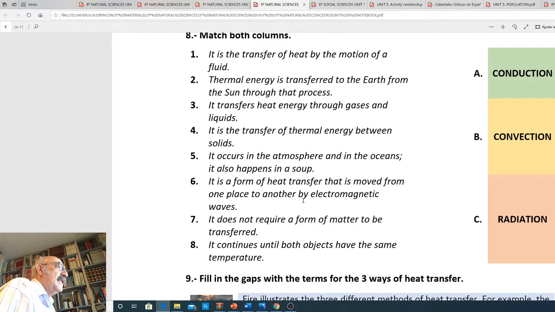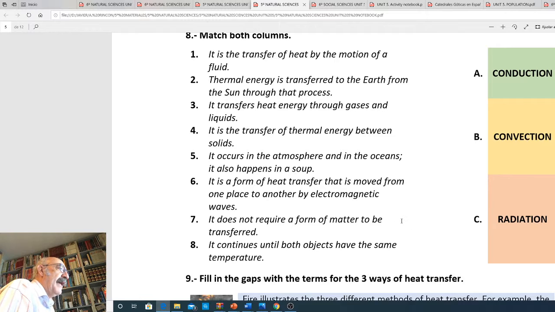Number 6, it is a form of heat transfer that is moved from one place to another by electromagnetic waves. So no contact, no fluids, so that must be radiation. Number 7, it doesn't require a form of matter to be transferred. No matter, so no gas, no solids, no liquids. So 7 must be radiation.